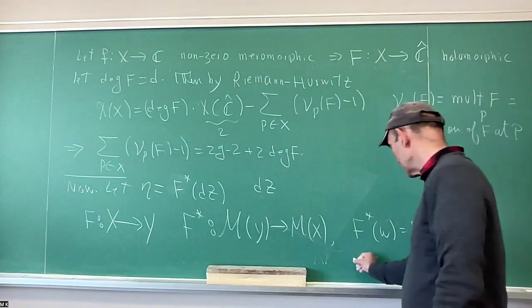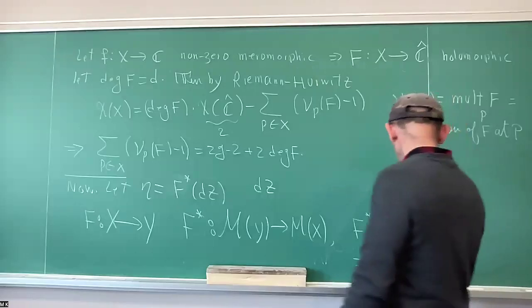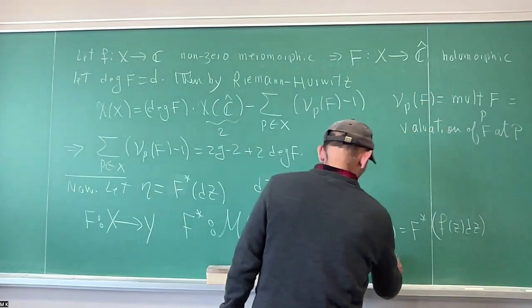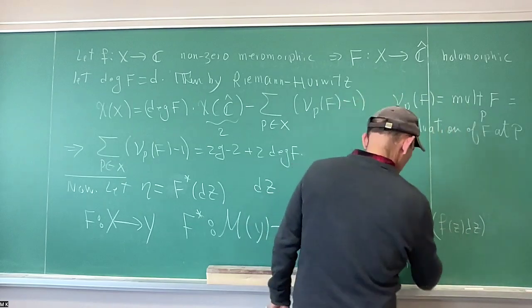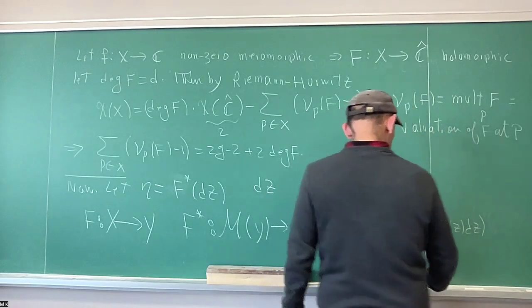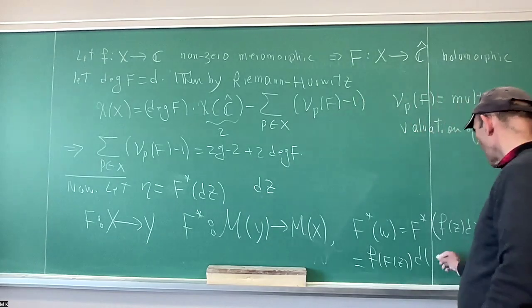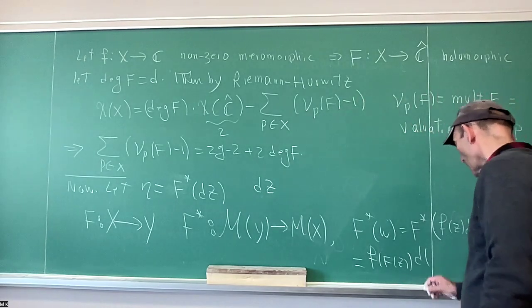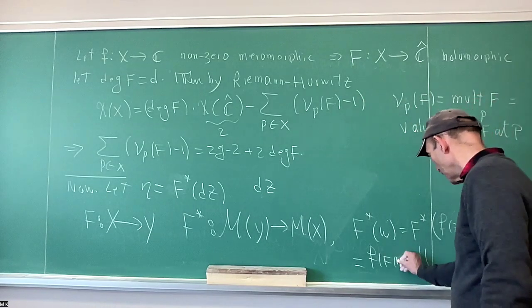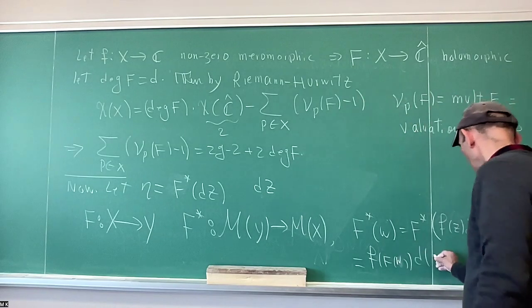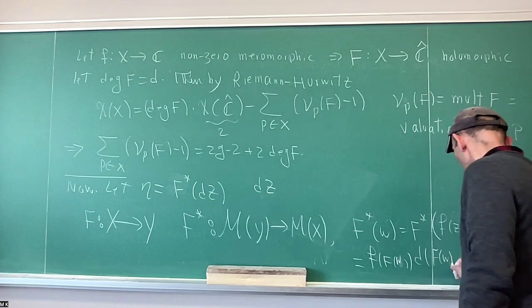This is nothing but f of F of w, the pullback, times d of F of w.